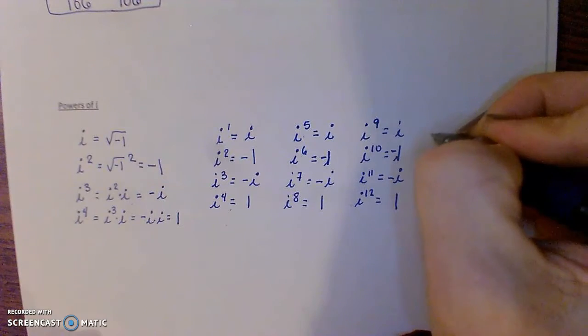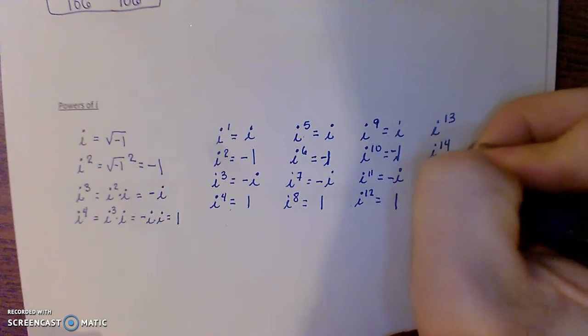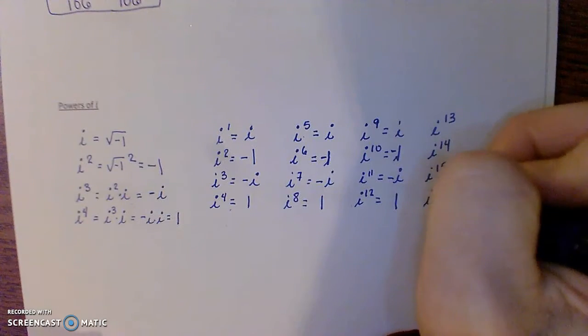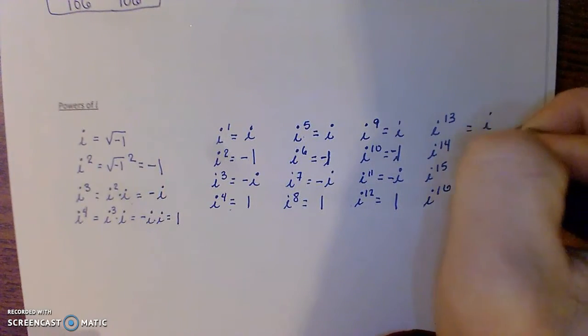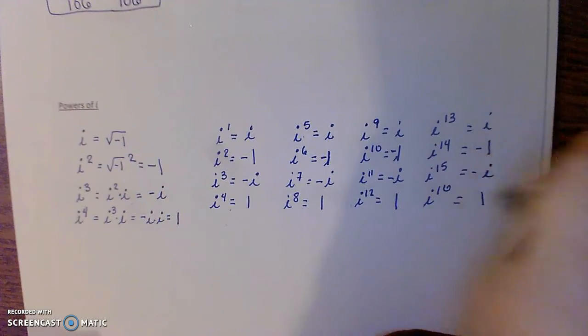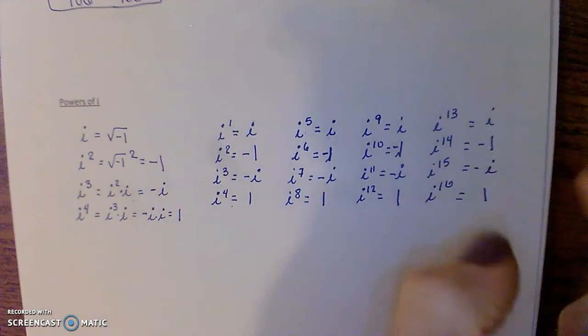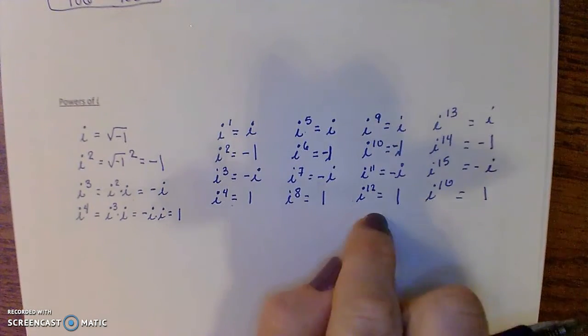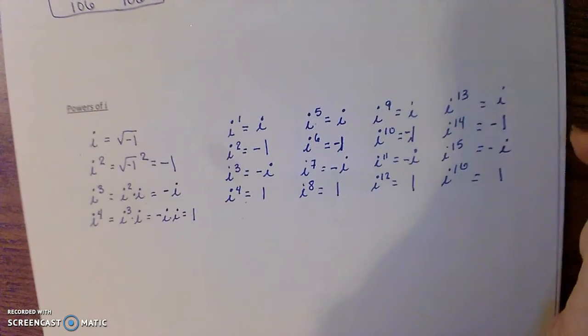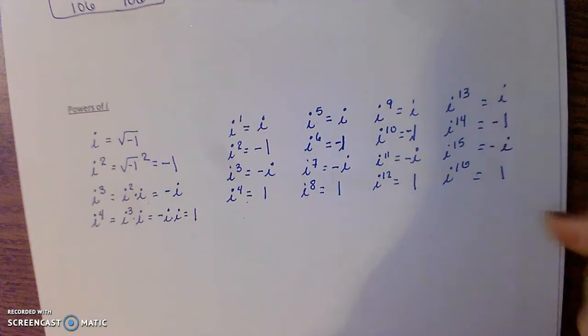One more time. Let's do i to the 13th, i to the 14th, i to the 15th, i to the 16th. This will be i, -1, -i, 1. So this pattern is going to continue. Every group of 4 is just 1, and then it cycles around i, -1, -i, 1.